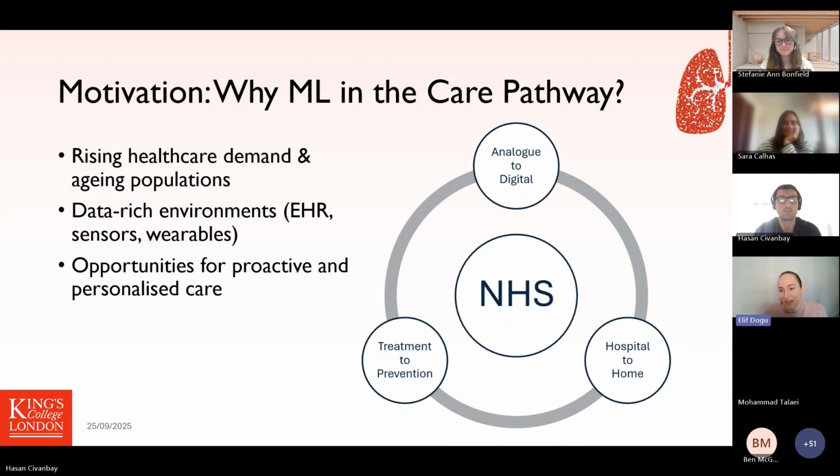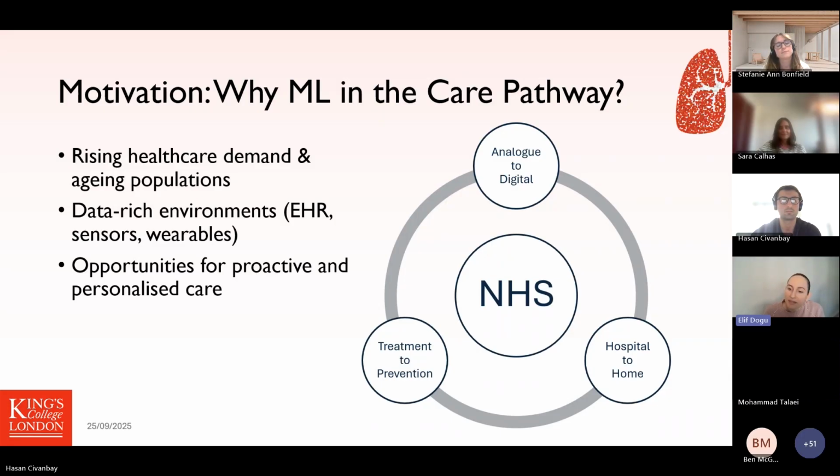Our populations are aging now, so that increases the demand on our healthcare services. We need to be more effective. Also, along with that, we create data on a daily basis. With the technology that we have now, we routinely collect data, which creates an opportunity to be more proactive and more personalized.